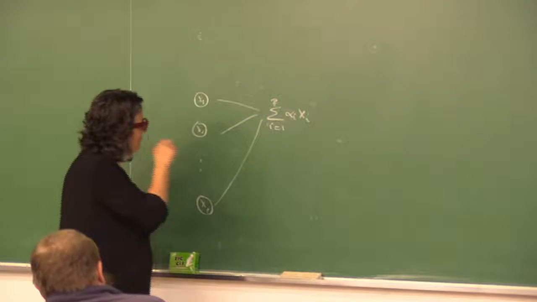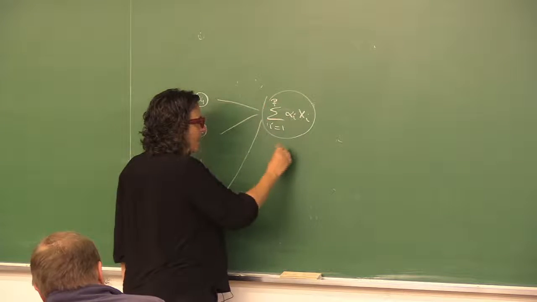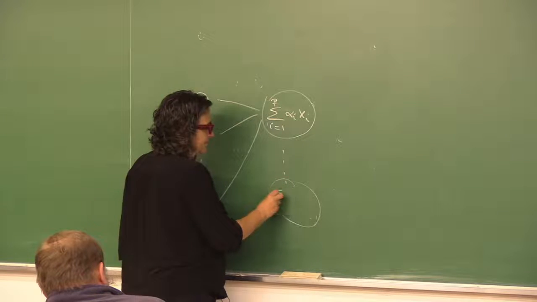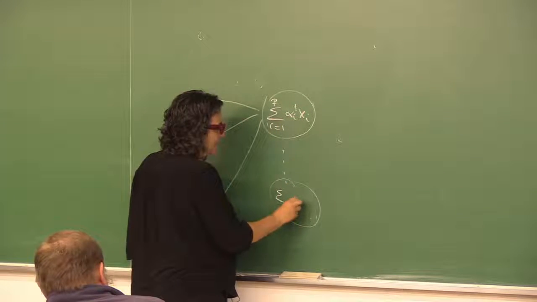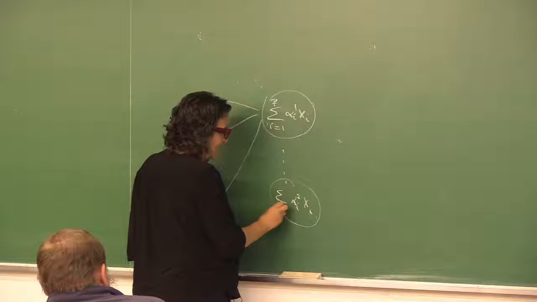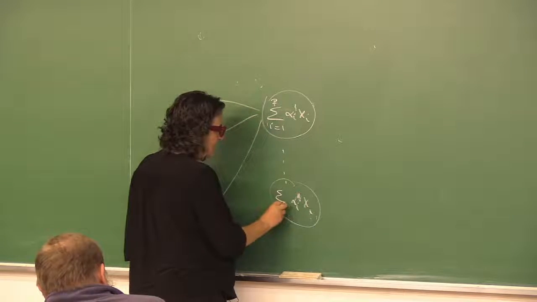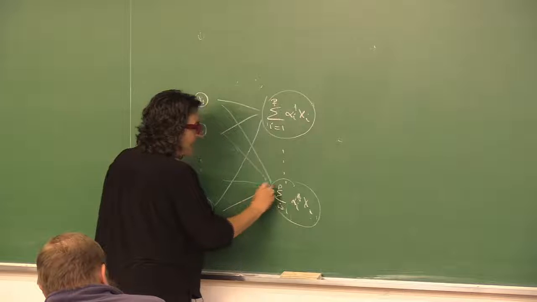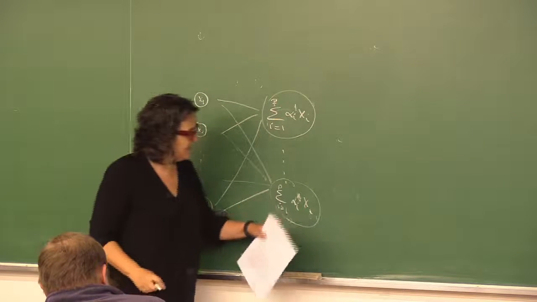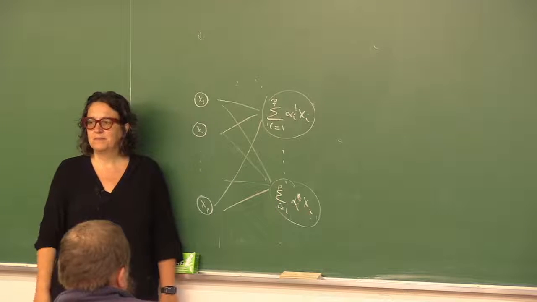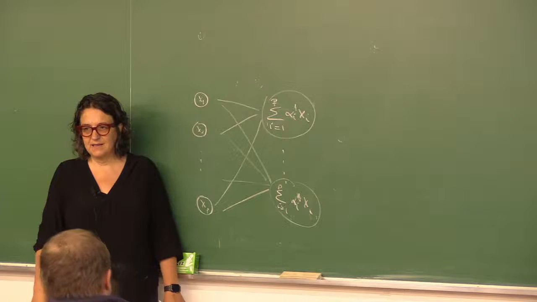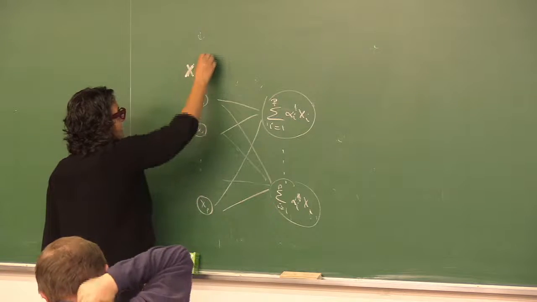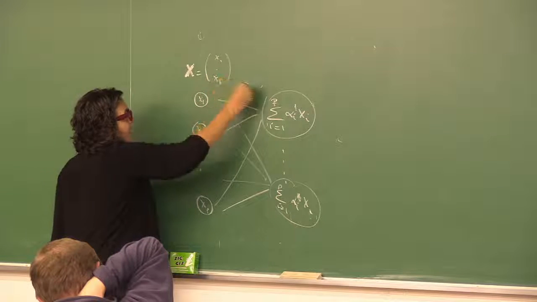And then they say, instead of doing one, I will do, I don't know, Q of them. This is the first one, the second one, and the last one. I do a lot of linear combinations, and I put this picture. How do we write this in matrix form? Here we write x as a vector, x1 to xp.